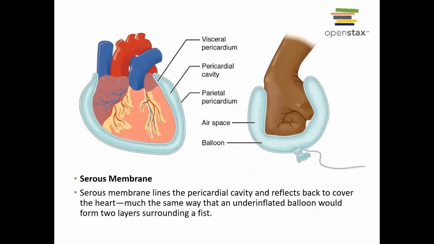To give you an idea of what a serous membrane looks like, imagine if you had a balloon that was big enough and only partially inflated that you could push your hand down into the middle of the balloon and you would have two layers form. Now, I'll tell you, this has never worked, but it's a good illustration.